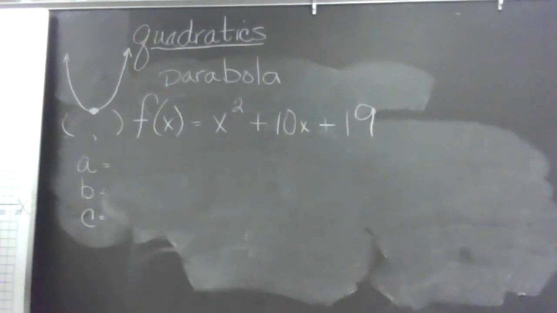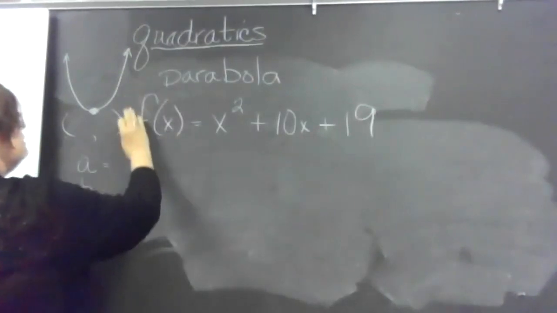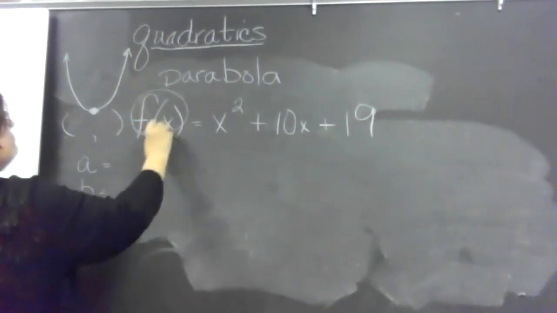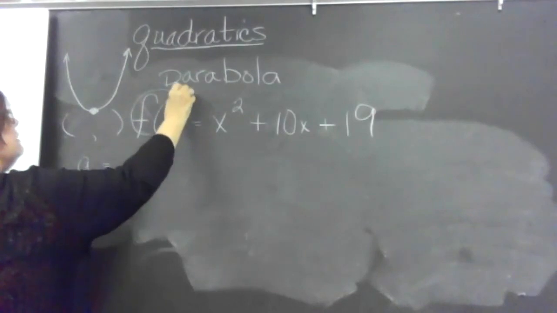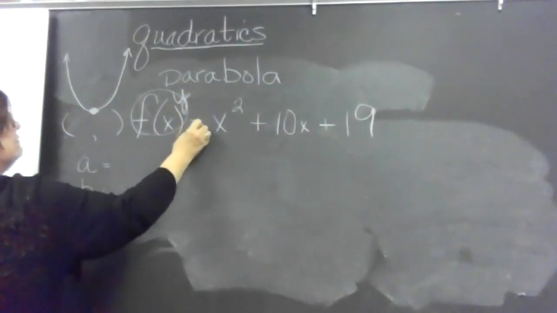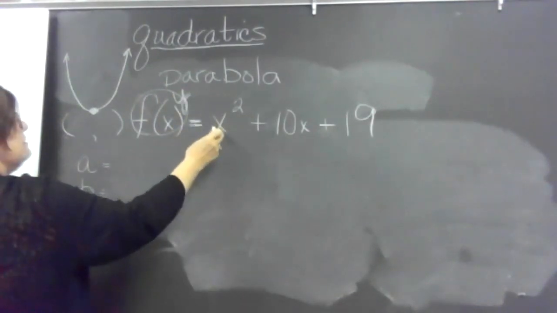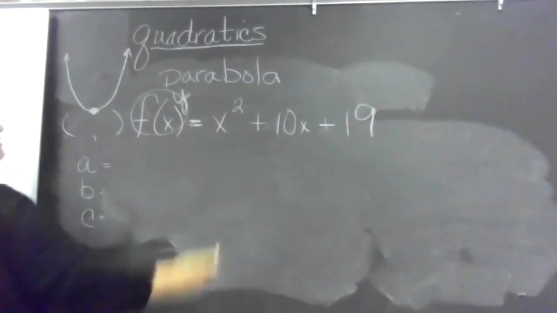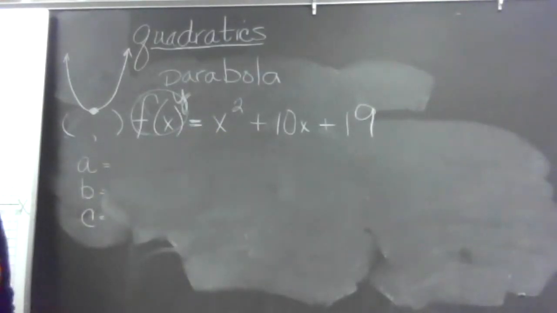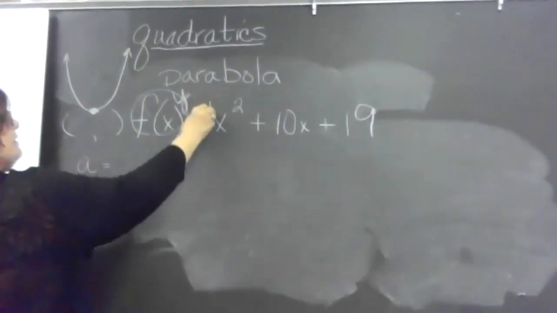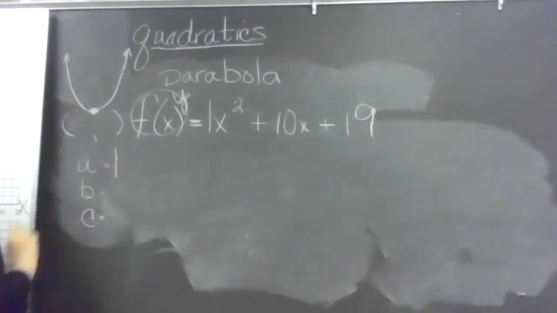This f of x right here is the same as y equals, okay? Is it going to be the 10x? Or, it's the coefficient that's in front of the x squared. What's in front of the x squared? No, 1. Yes, it's an invisible 1. So the value of A is 1, okay?